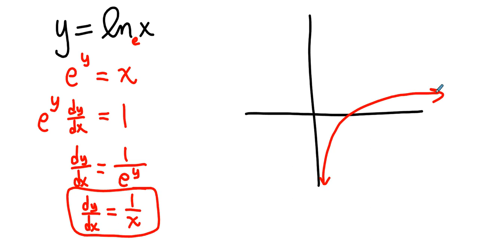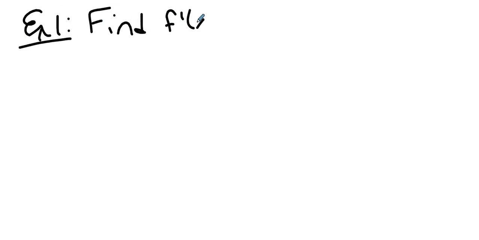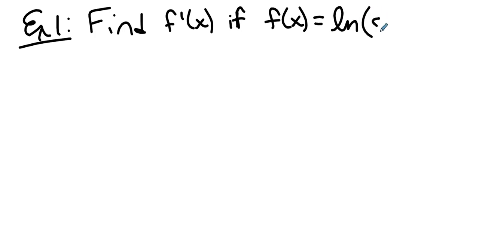The derivative of the natural log function is 1 over x, which means that we can find f prime of x if f of x is the natural log of the inverse sine of x. Sure we can.